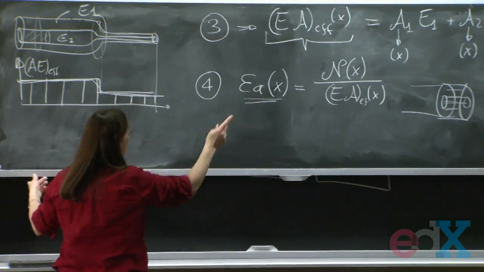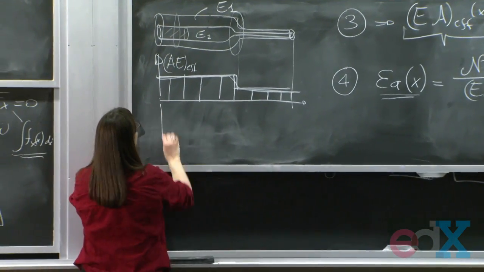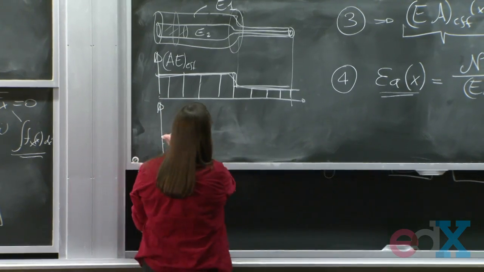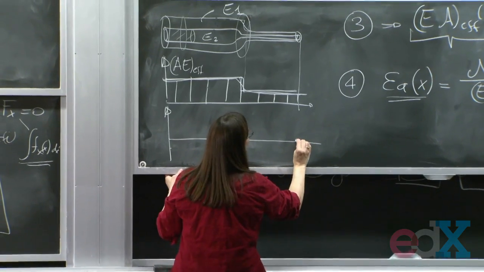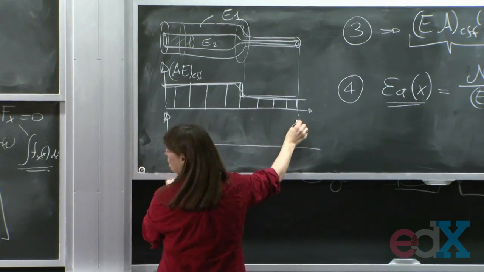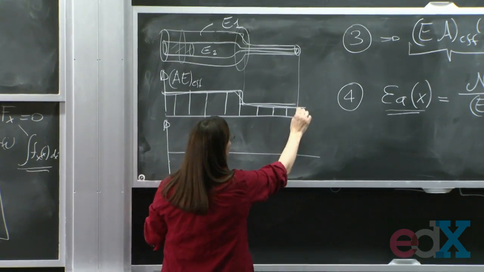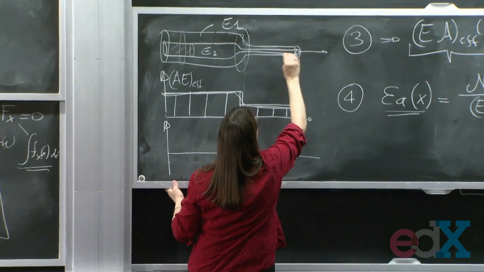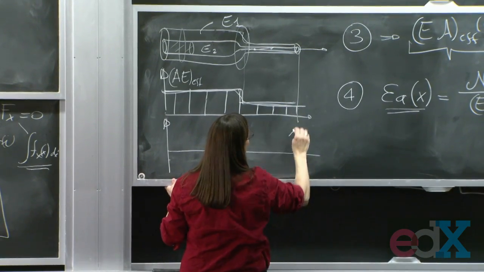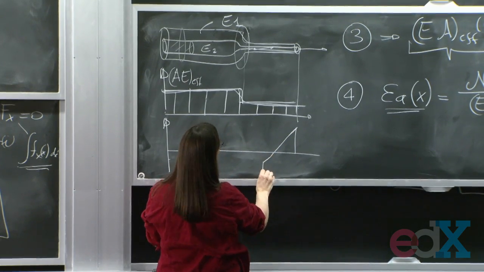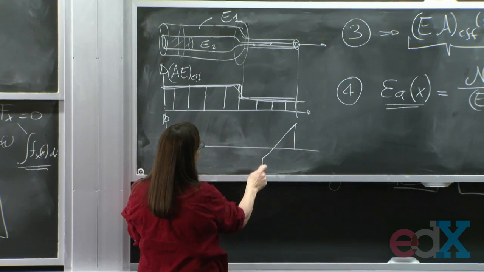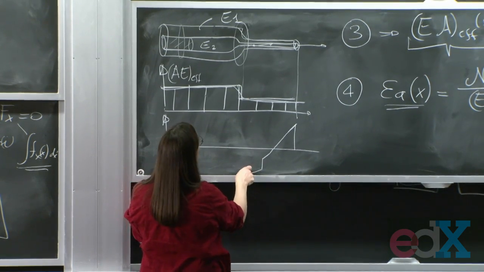So my strain as a function of x, if I plot it, is going to look similar to that. It's going to go up, and then go down. So if I have the force here, and I have the force here, it's going to go up, and then go down, and then have the step. And then here it is going to do like that, and go flat.